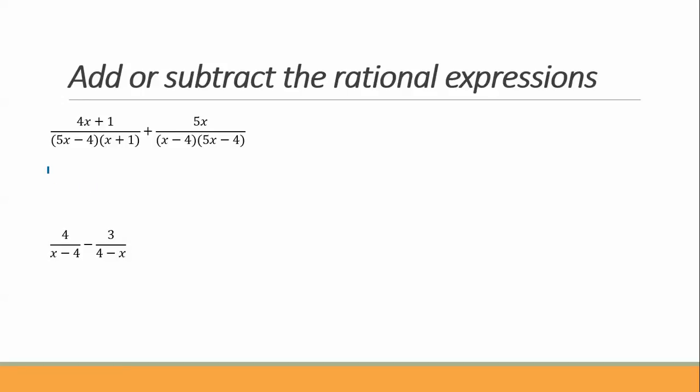The least common denominator of 5x minus 4, x plus 1, and x minus 4 was 5x minus 4, x plus 1, and x minus 4. So when we want to add these two fractions, we have 4x plus 1 over 5x minus 4 x plus 1.